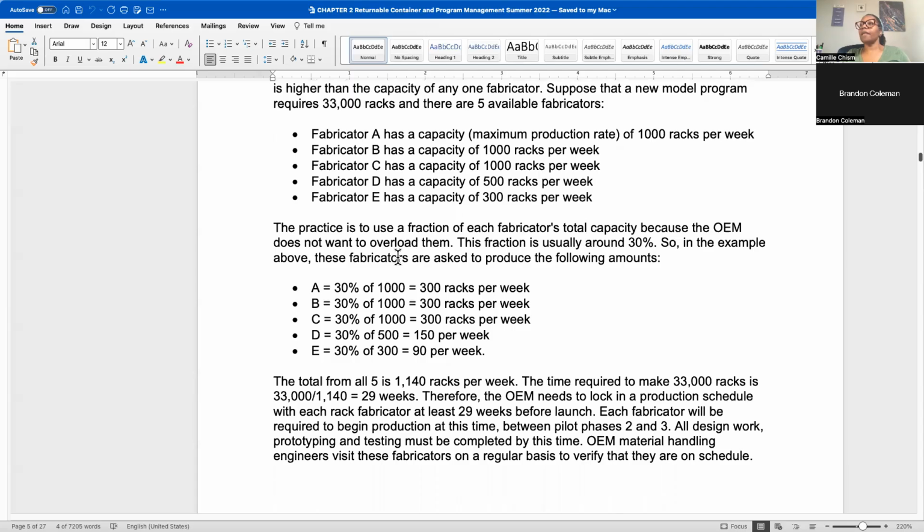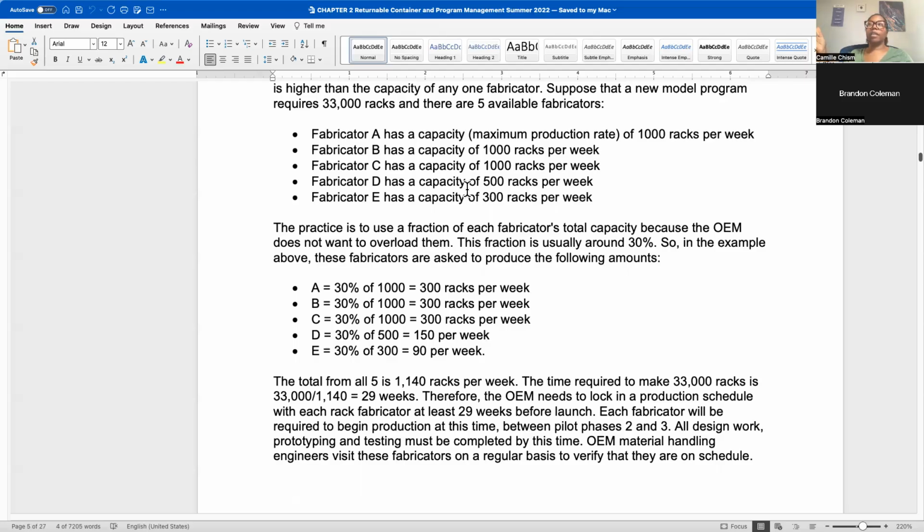But they also look at, they don't want to take up their whole capacity for a couple reasons. If something were to happen, they shut down, it's going to really impact how many they can receive. Another reason is that they might be building other racks at the time.